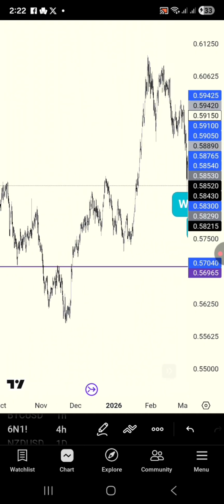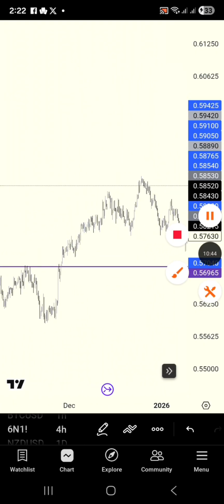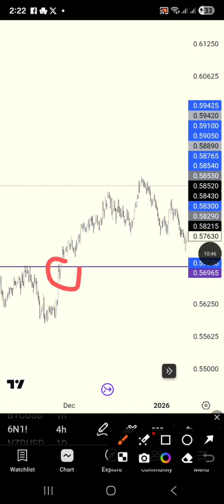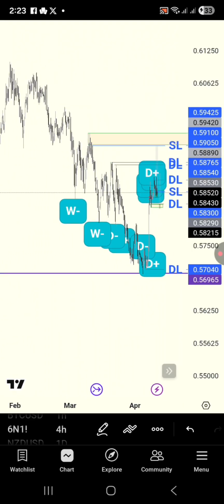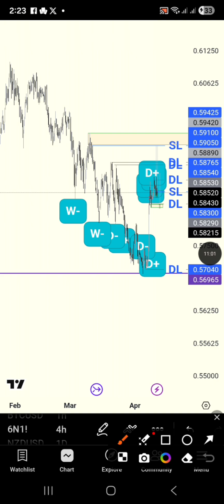If you come to the left side, you can see that it reacted from this zone, which is a 4-hour zone or an 8-hour zone. So that zone is sponsored for liquidity of session. You can say I put this SL, that's sessional liquidity. The one that is DL is daily liquidity.